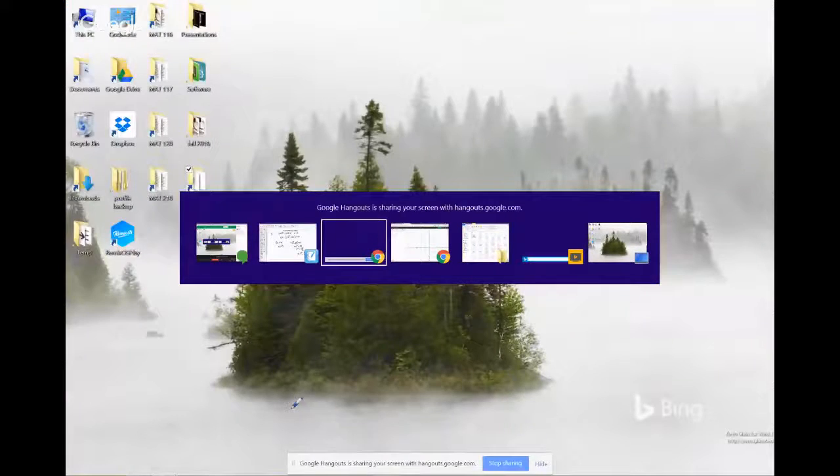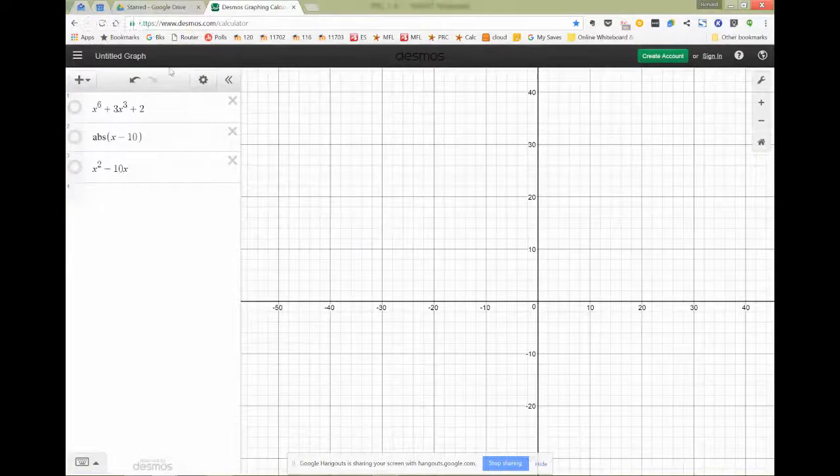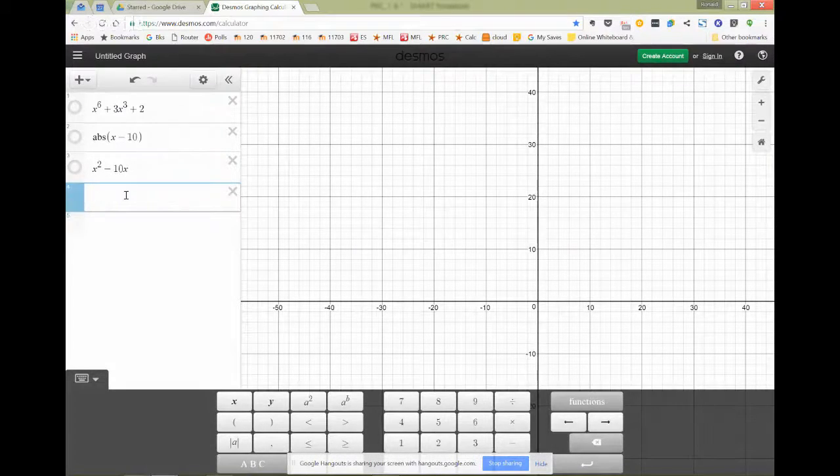So I'll throw Desmos up here. Let's see, what was the equation for number 2? 20x cubed minus 125x. Thanks. So 20x cubed minus 125x.